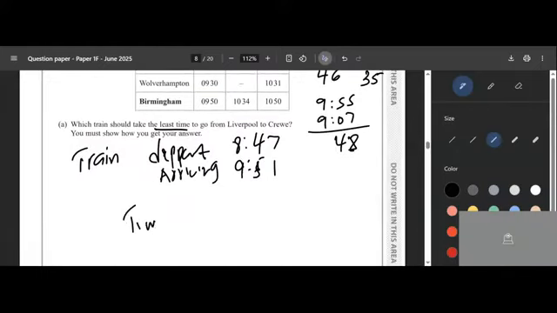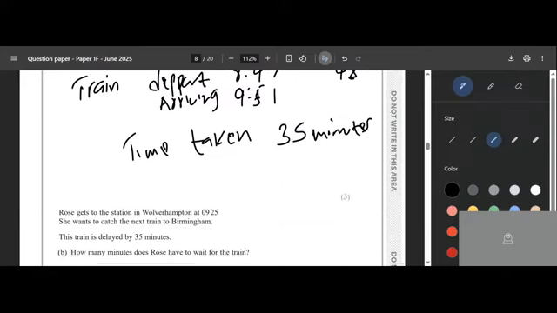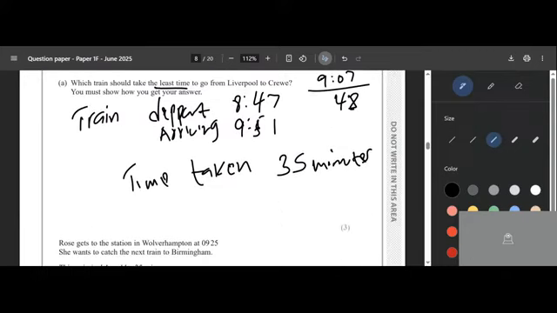Time taken, it is 35 minutes. And that's how we are supposed to show.